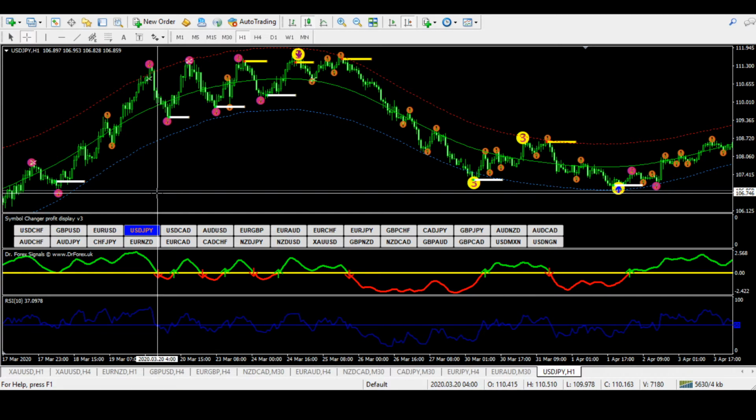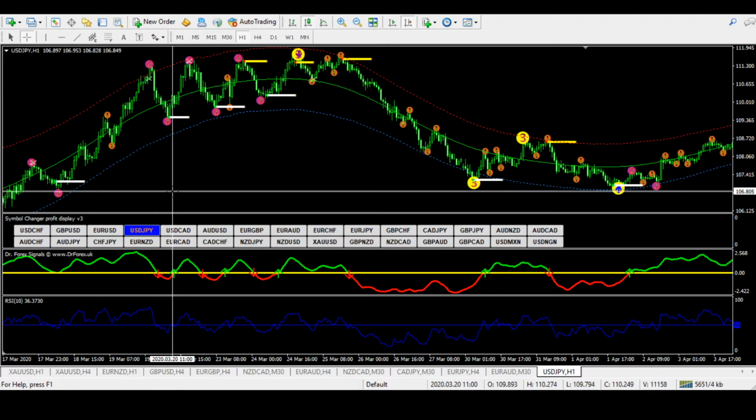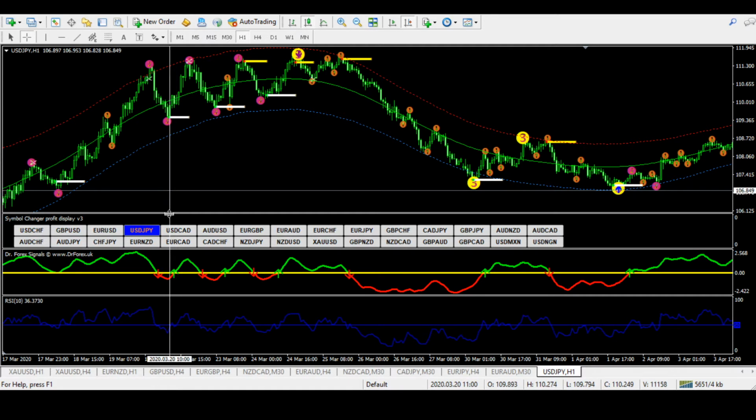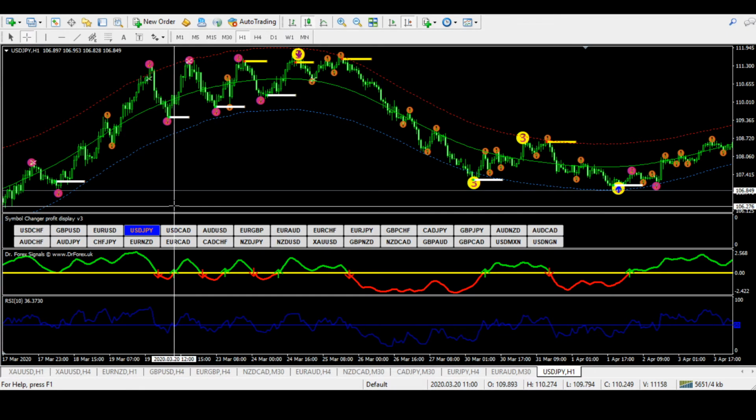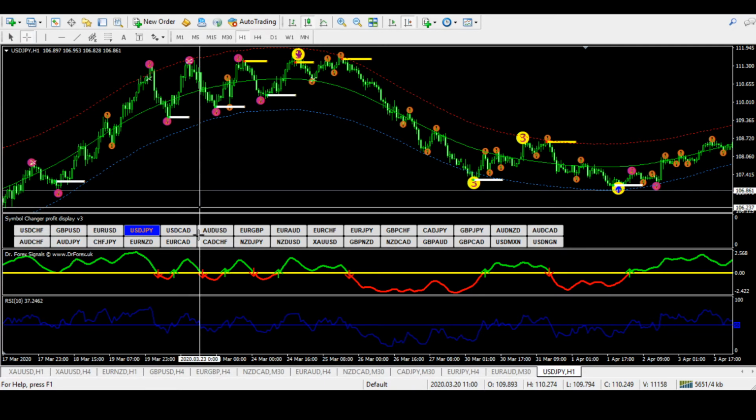Don't forget our next trading rule: what's the relationship between price and the middle line, which is normally my take profit? It's too close, I'll pass. Next, the green signal shows a buy. The relationship between price and the middle green line is too close, I'll pass on that also.